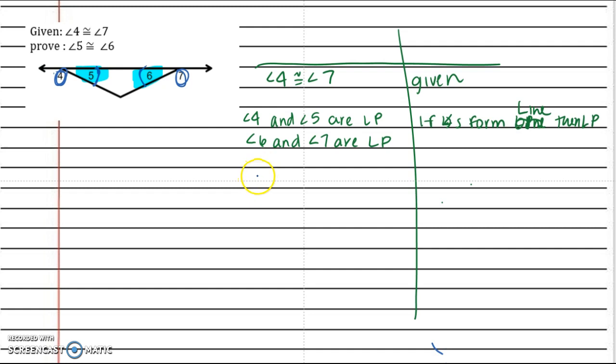Then angle 4 and angle 5 are supp, and angle 6 and angle 7 are supp, because if you have a linear pair, then we have supplementary angles.